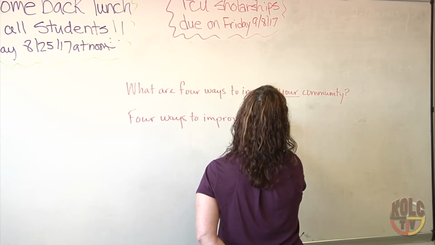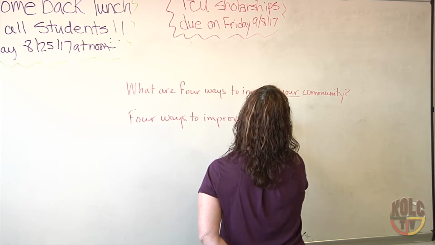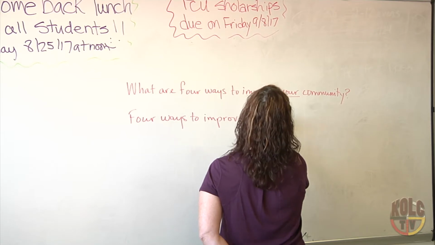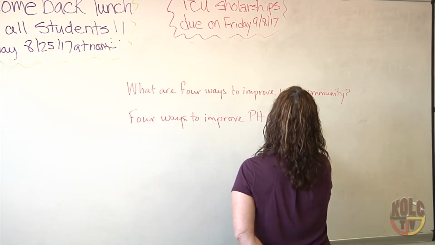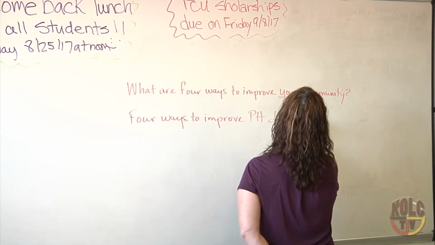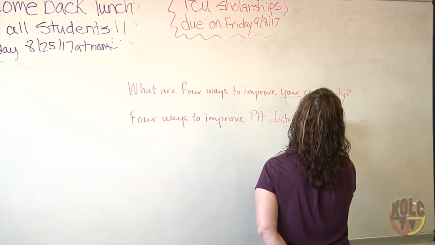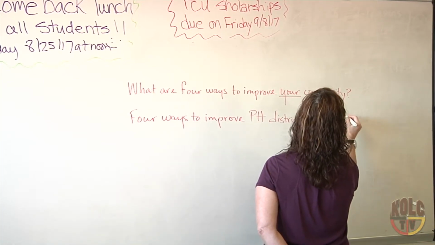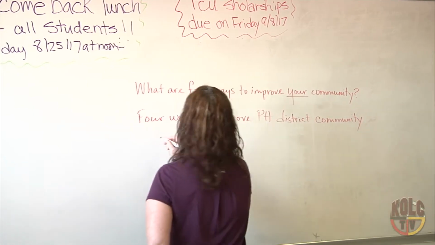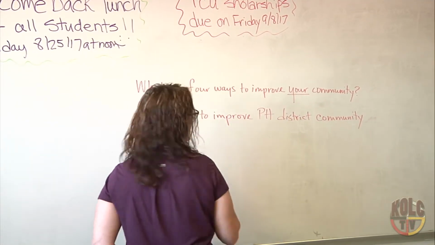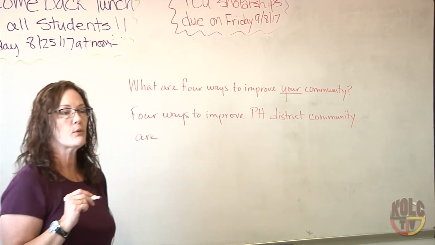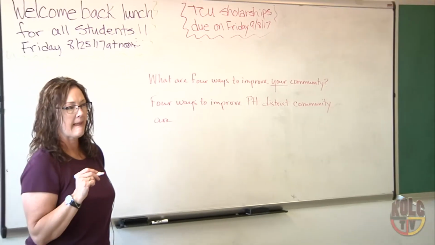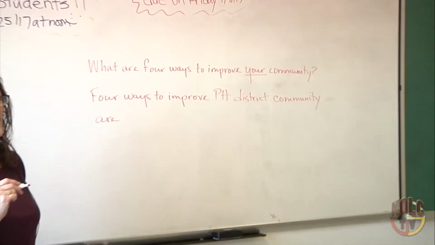So maybe you want to say, Pijutahaka. Okay, 4 ways are, give me some ideas. What are 4 ways to improve a community? Build a rec center.